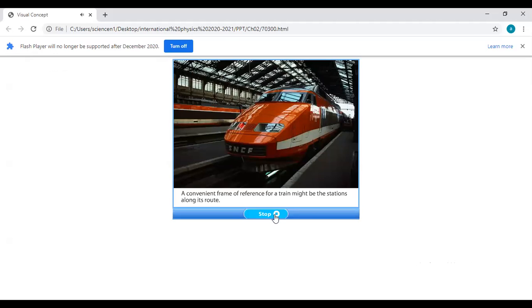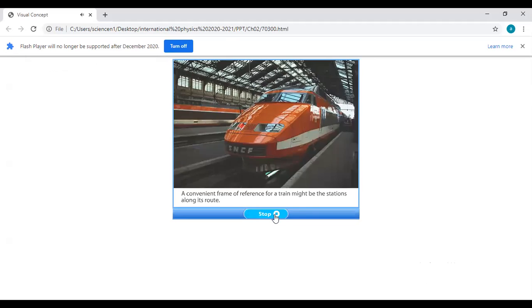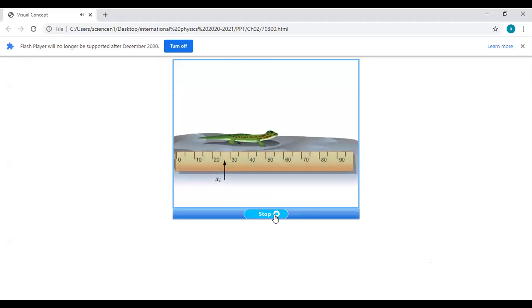A train moves from one station to another on an Earth that is rotating and revolving, and in a solar system and galaxy that are both moving. A frame of reference is defined to simplify the description of the train's motion. The motion of this gecko can be described by imagining a meter stick placed under the gecko to define a frame of reference.